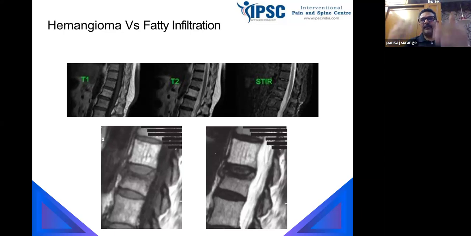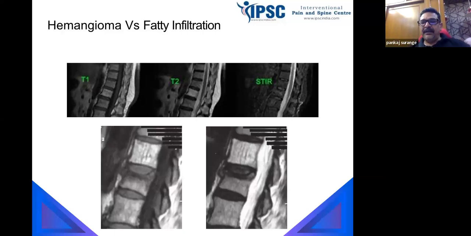Suppose there are no other abnormalities, there is a big hemangioma, and the patient is complaining of pain in that area. That means it is a painful hemangioma. Most of the time, almost 80-90% of cases, these are not painful.